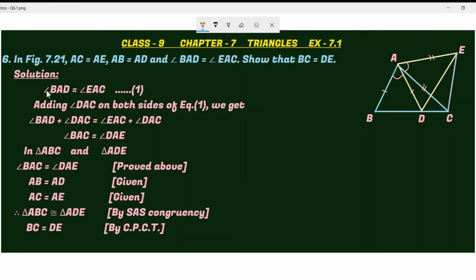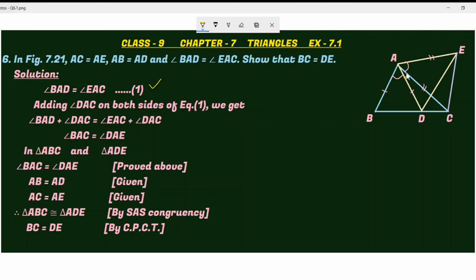Solution. What we said before, we have to add. First, we will make an equation. These two angles are equal to each other: angle BAD is equal to angle CAE. Now we have to add this angle because we are going to take this triangle, not that triangle. So we add this part to this angle, and for the other angle we add this part.